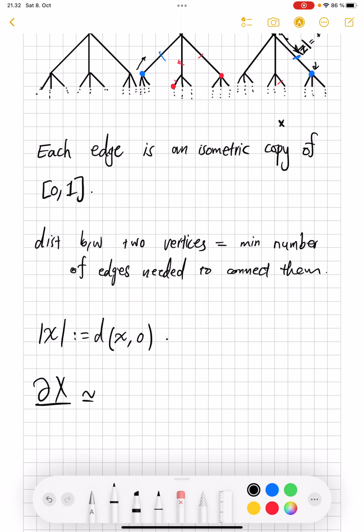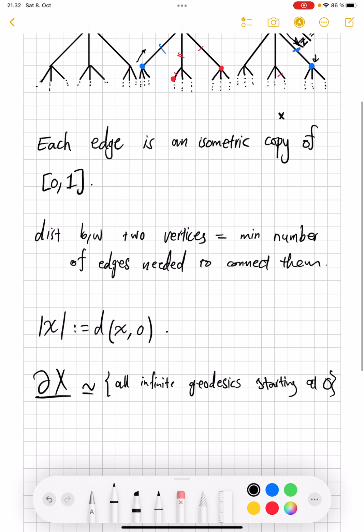But we can say precisely that the boundary of X is identified with the collection of all infinite geodesics starting at the root.